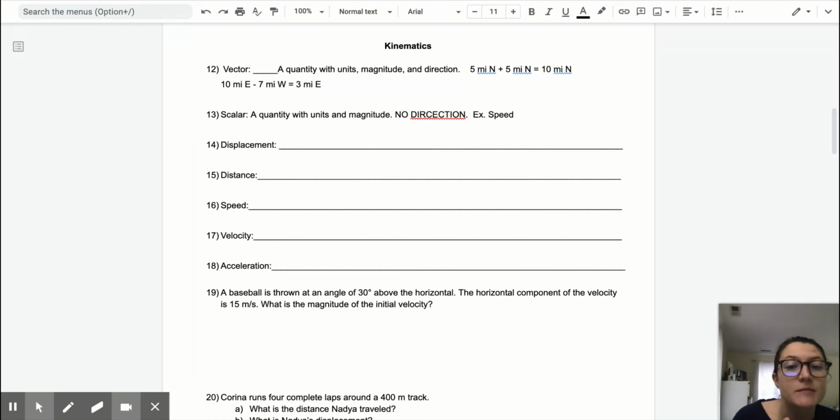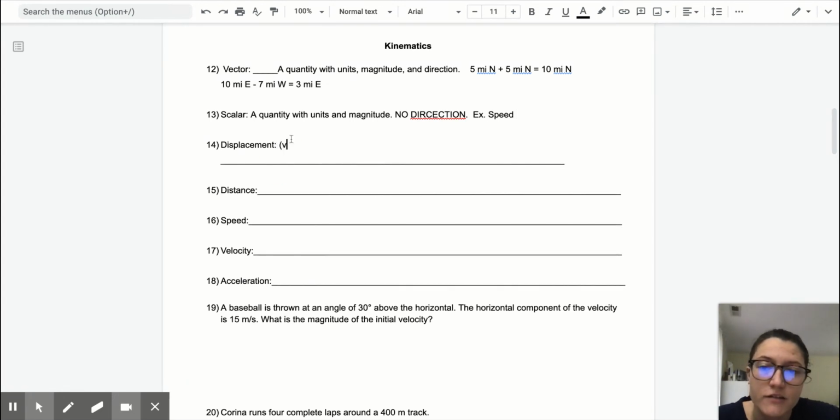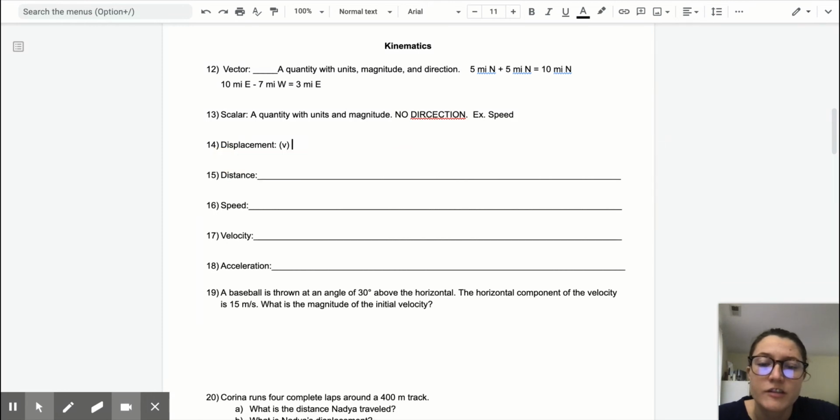Okay, so displacement, which is a vector, so add in V for vector here. Displacement is a change of an object's position.